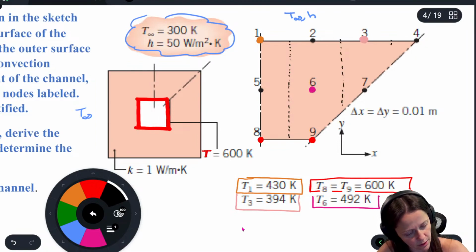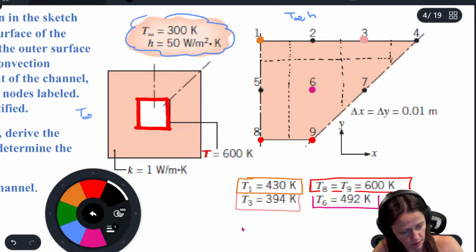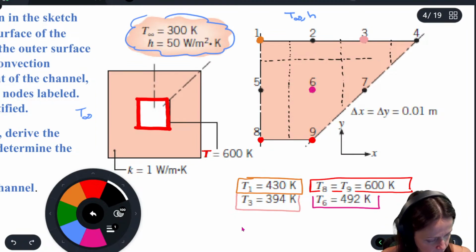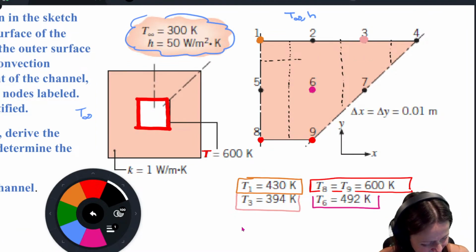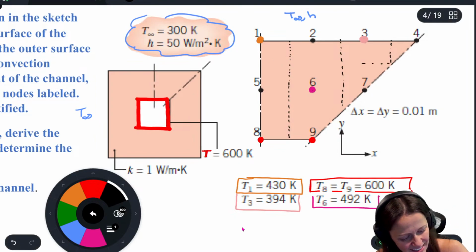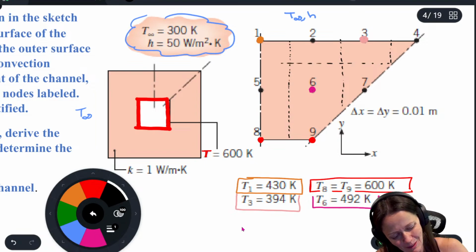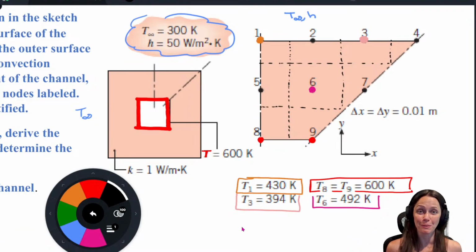Basically just drawing a box around each one of those nodes. There, that looks a little bit better. That one needs to go like that. Okay, looks a little bit better, right? We can see the size of each one of those elements.